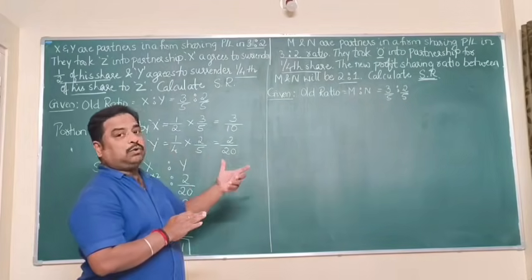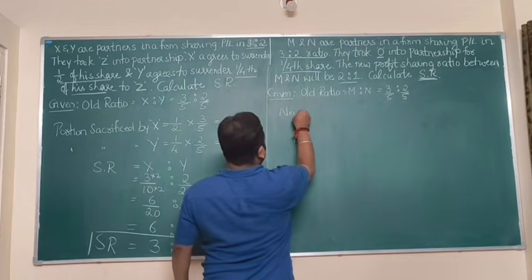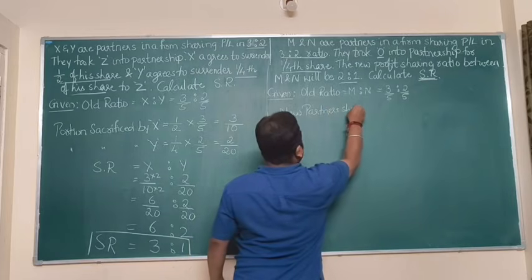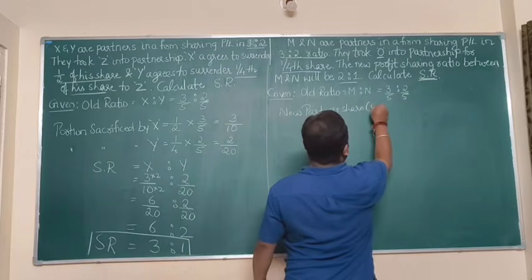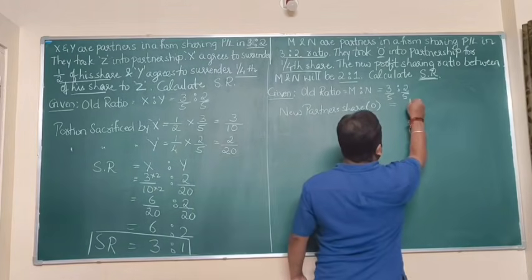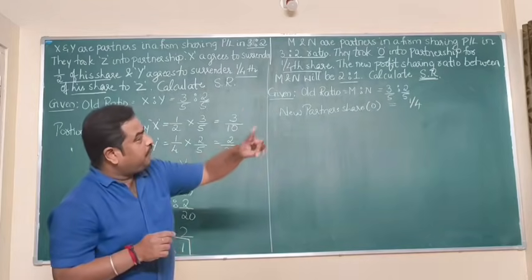It gives me an idea how to solve the problem. Next one is the new partner's share. Who is your new partner? O. What is his share? It is 1/4.